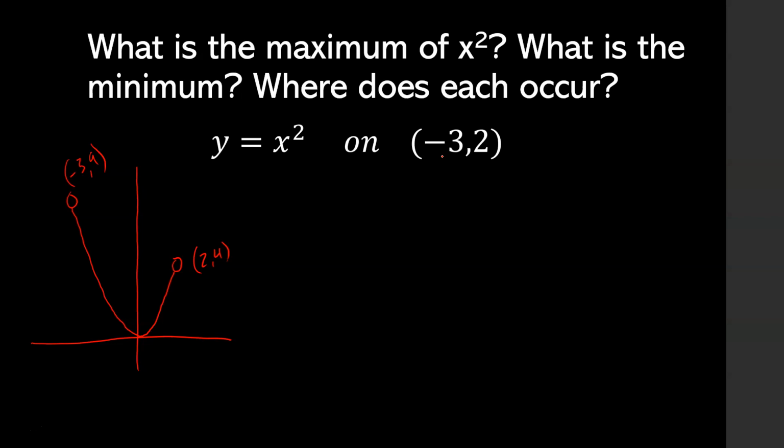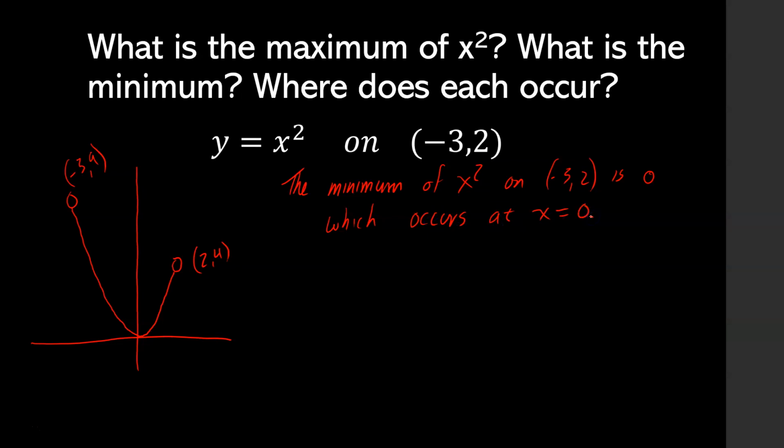So let's tackle the easy thing, and that's the minimum. The minimum of x squared on (-3, 2) is 0, which occurs at x equals 0. Nothing is changing here. The maximum is a little bit weird.